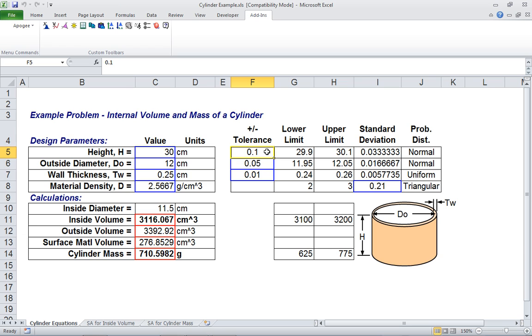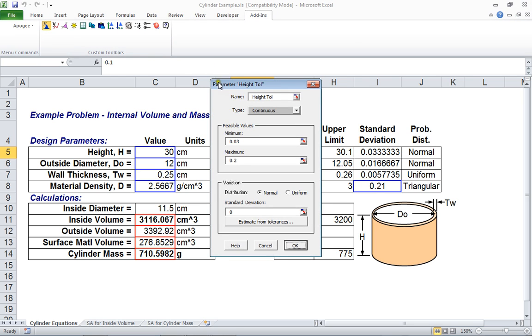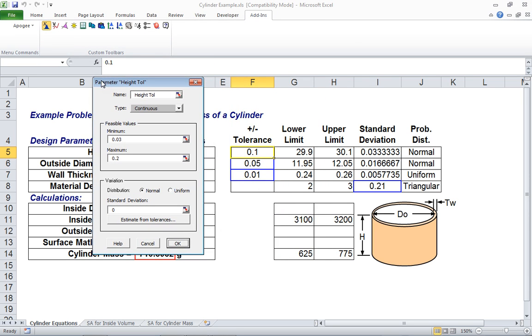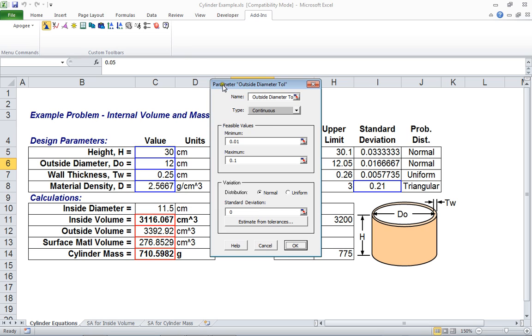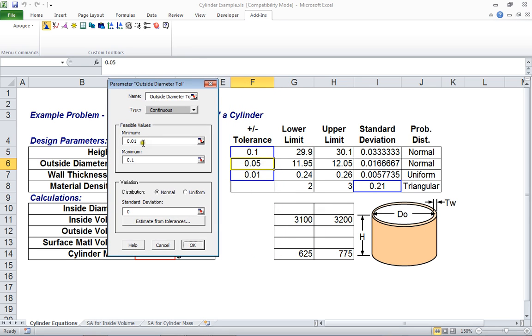So let's go take this cell F5, which is the tolerance for our height parameter, and what we have is we have defined it as a X, which would be a continuous parameter, which says that any tolerance for the height from 0.03 to 0.2 would be acceptable with no variation on the tolerance itself. Then we have done the same thing for the outside diameter, made it a continuous parameter with any tolerance from 0.01 to 0.1.